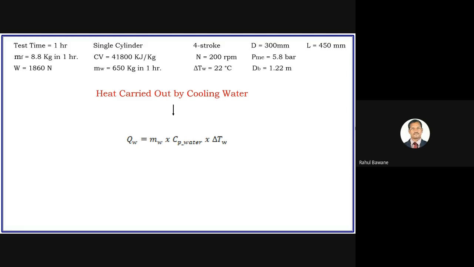Mass flow rate is given as 650 kg per hour, and we are interested in finding the value on the basis of seconds, that means kilojoule per second or kilowatt. So mass flow rate must be converted into kg per second. Cp has a standard value 4.187 kilojoule per kg Kelvin, and temperature rise is already given, 22.